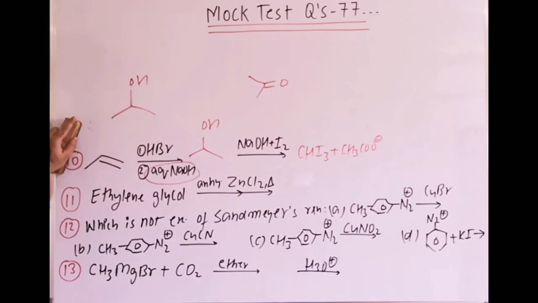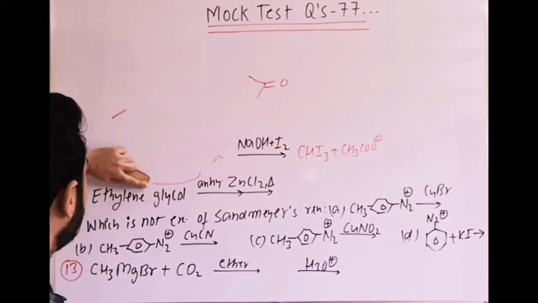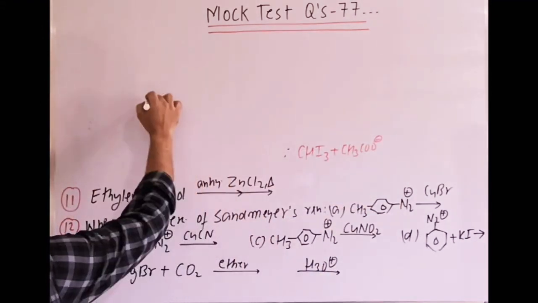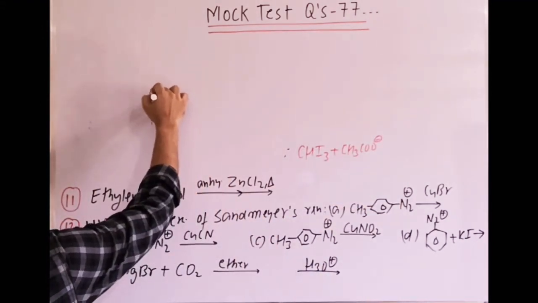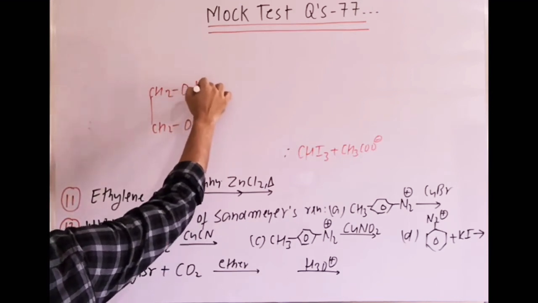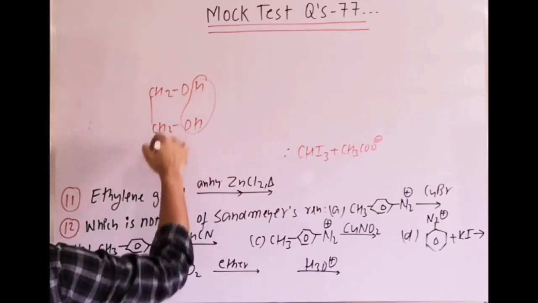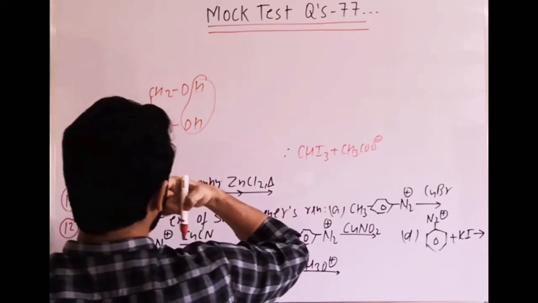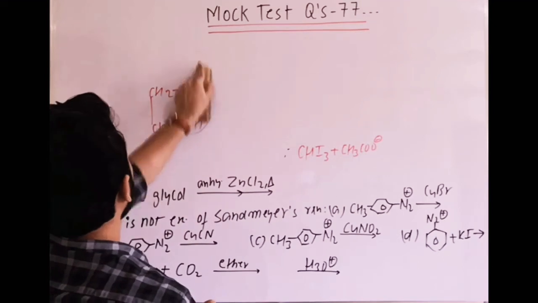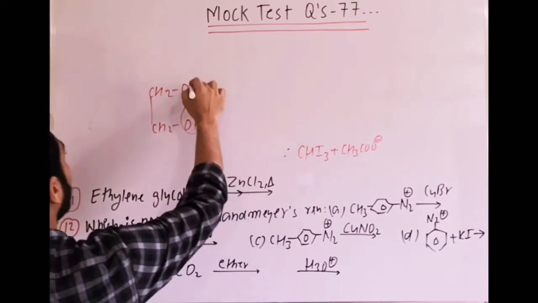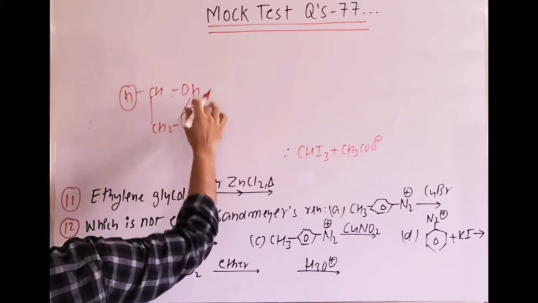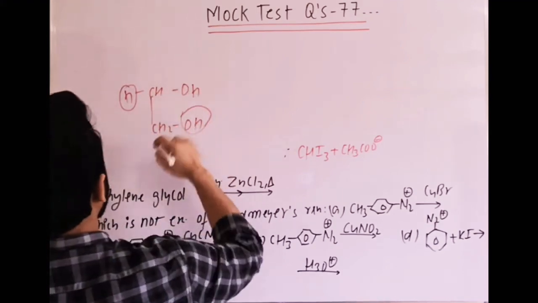Next is ethylene glycol with anhydrous ZnCl2. That means after heating it simply removes water. Water is released, and it will lose water like this, OH and H. This will be leaving and we get what?